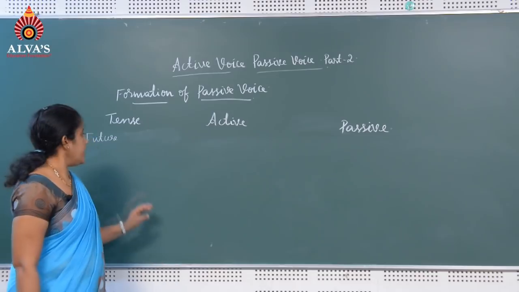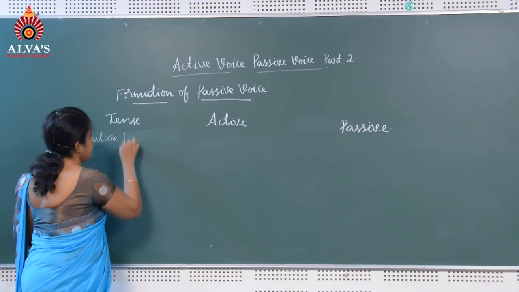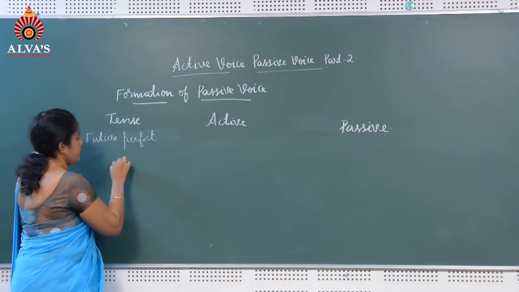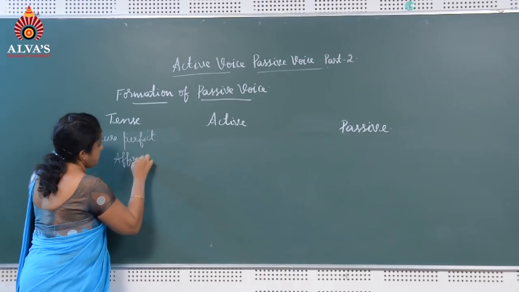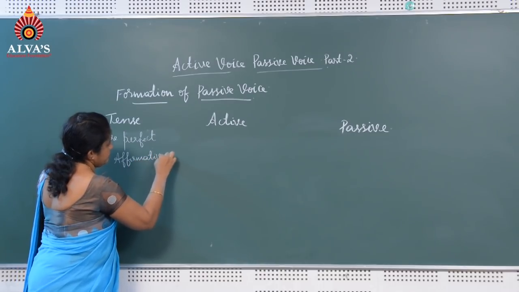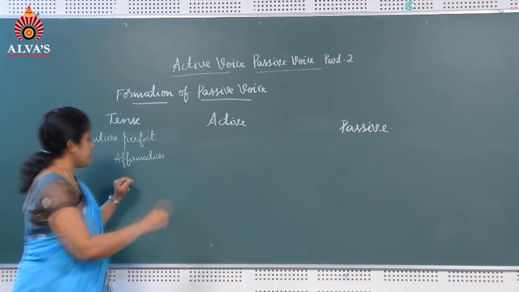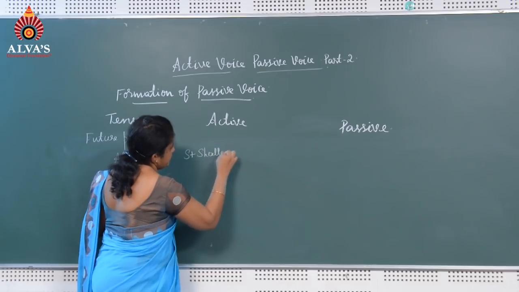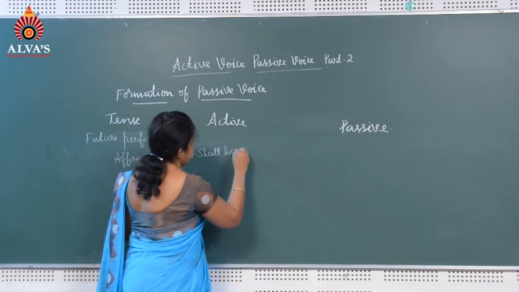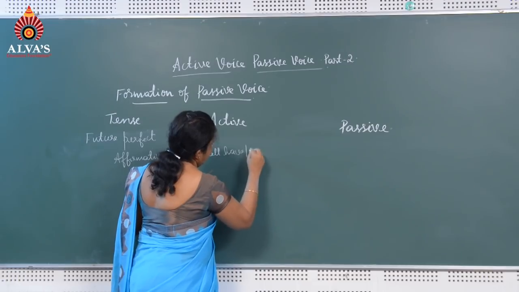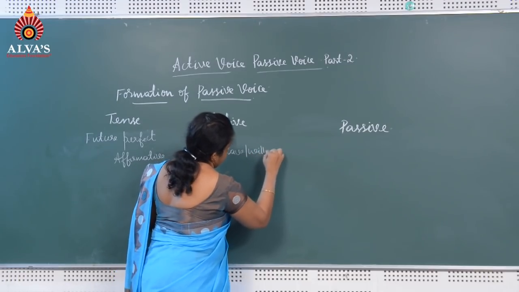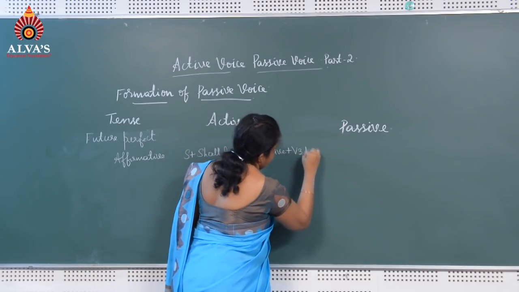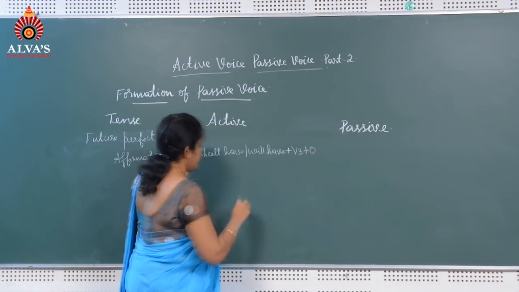Okay. Now, let us see future perfect. Future perfect tense affirmative sentence. The formula is subject plus shall have or will have plus V3 form plus object.